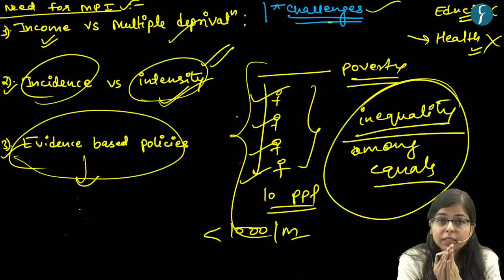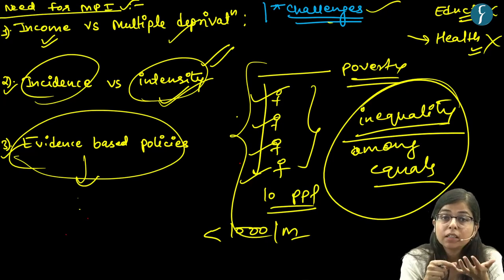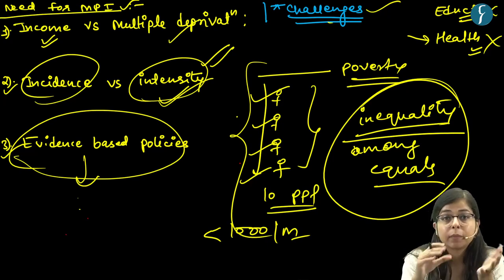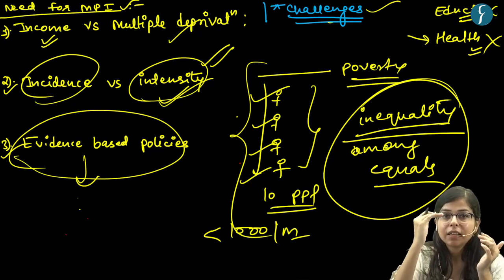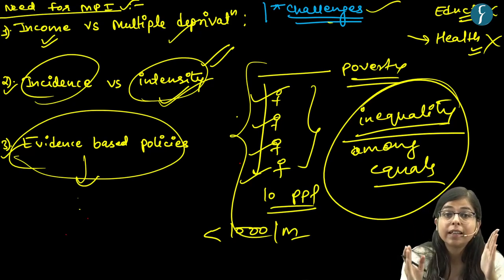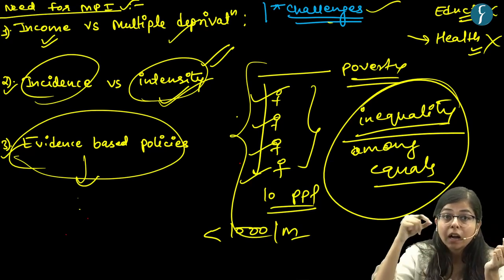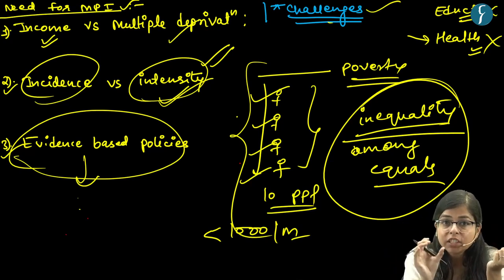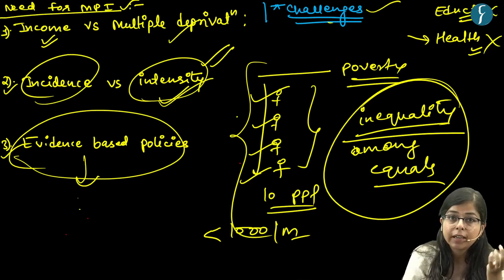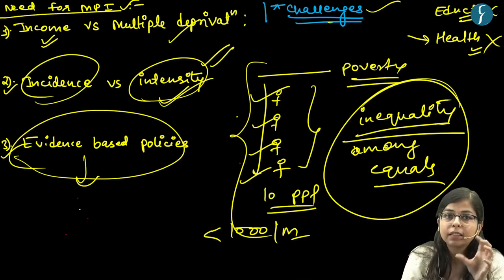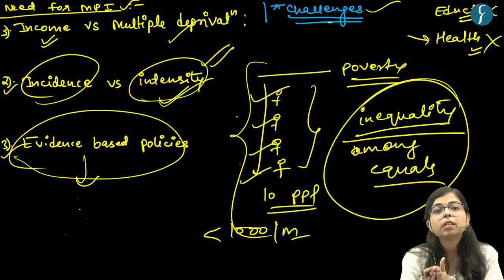The basic challenge is that, as we saw, in the national multidimensional poverty index of India, there are 12 parameters. So there is a significant number of indicators in this index, and to fetch data for each of the 12 indicators in the country would be a very cumbersome task.